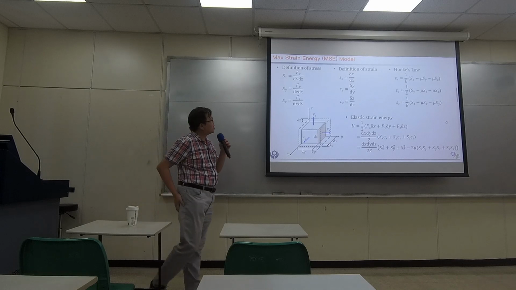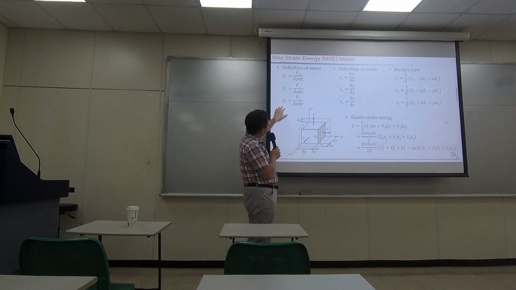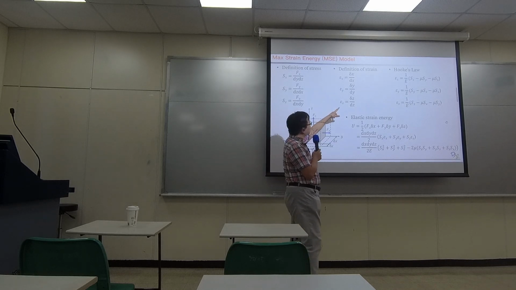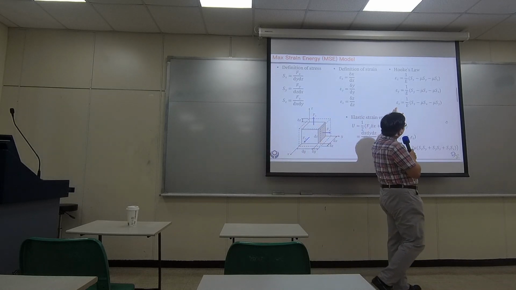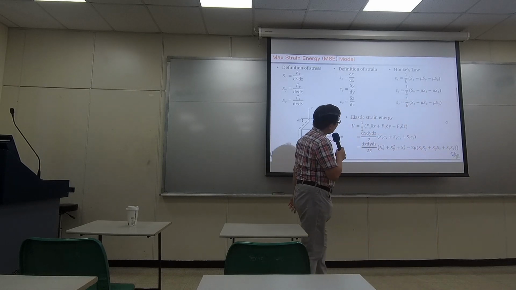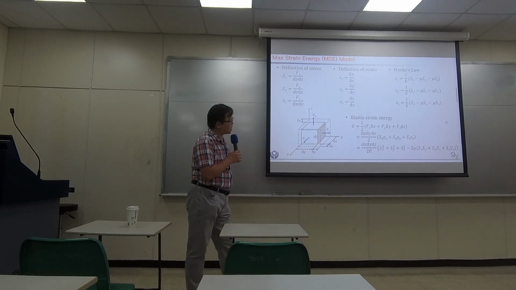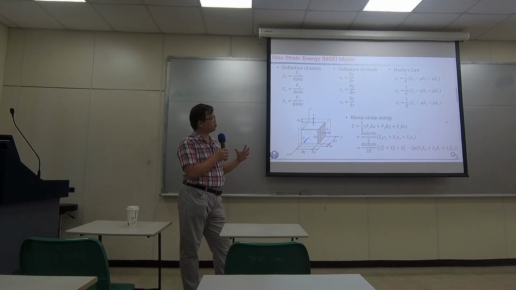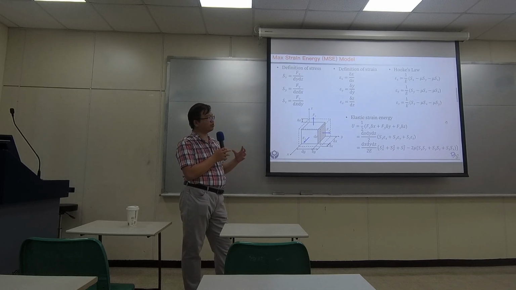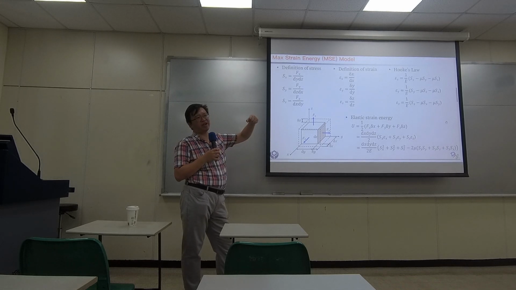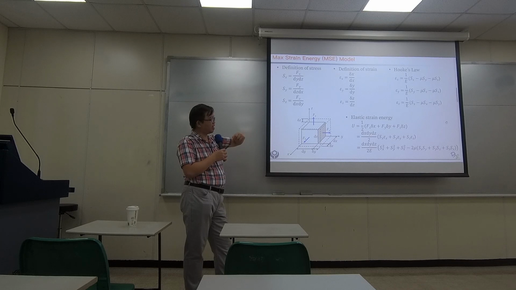Now, we have definitions of stress, definition of strain, and we put stress and strain together by Hooke's law. Now we want to study the strain energy. So strain energy is how much energy you store in the material, like when you are stretching a spring, a spring energy.